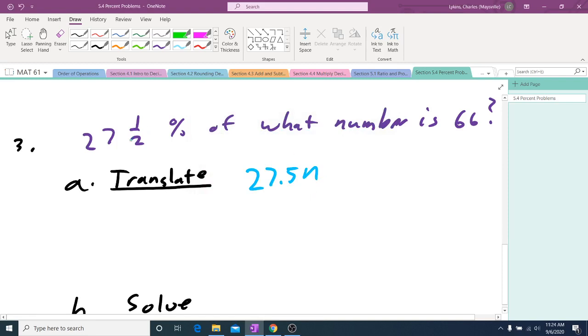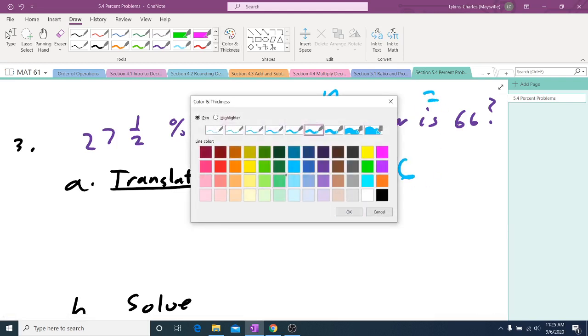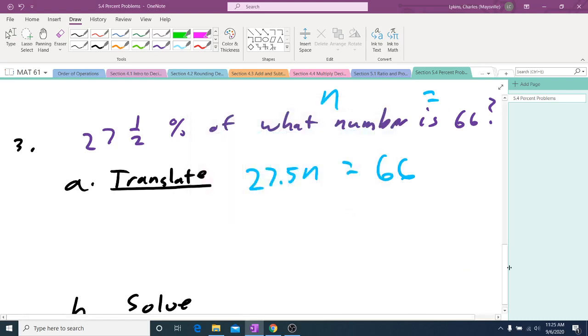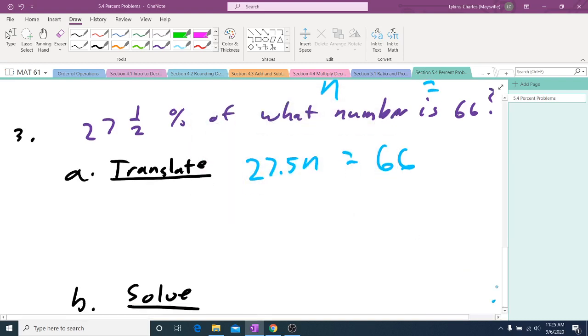Because it's 27.5% of what number, I'm going to use N for the number. Now that is the equal sign, 66. So now I've got 27.5% N equals 66.